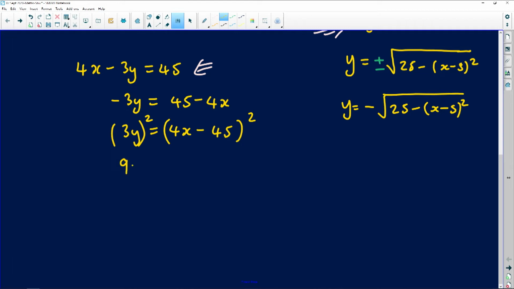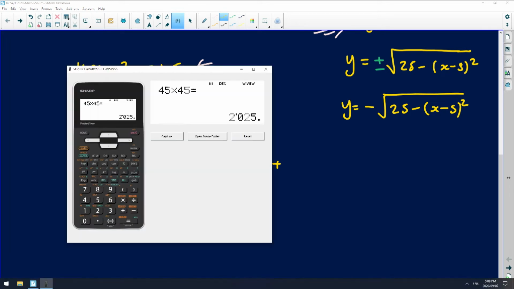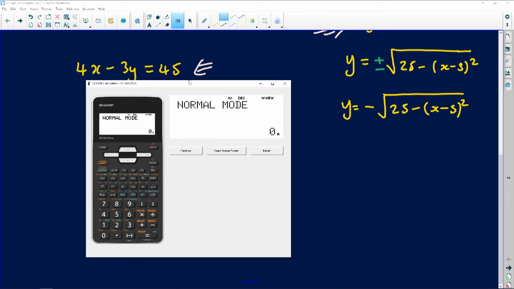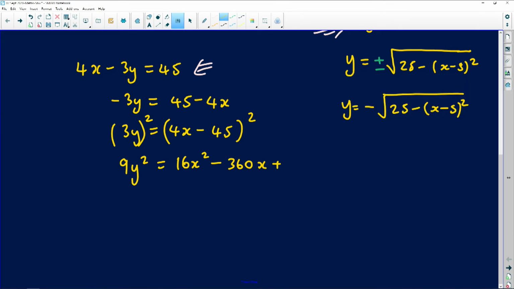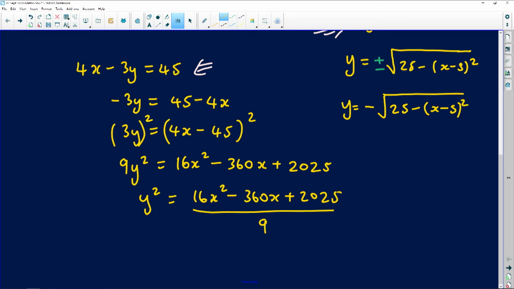That's going to be 9y squared, which is 16x squared minus 360x plus, I think it's 25. I might be wrong. Yes, 45 times 45 is 45 squared, which does give us 2025, which I'm going to put here. Now I've got y squared as 16x squared minus 360x plus 2025, where everything is divided by 9.